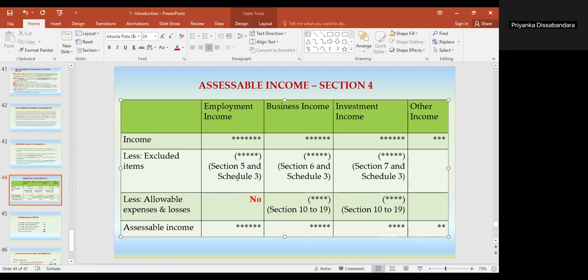I think you can remember Schedule 3 is provided for the exemptions and Schedule 1, Schedule 5, Section 5, Section 6 and Section 7 are provided for each income sources. Under each income sources, we have subsections. Subsection 3 is provided for items that should be excluded when we are calculating the taxable income of a person.